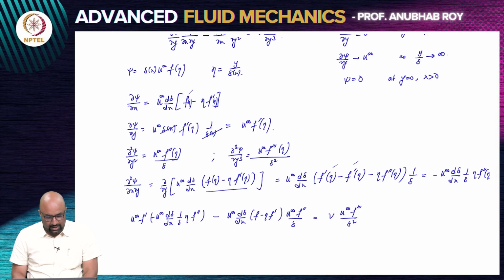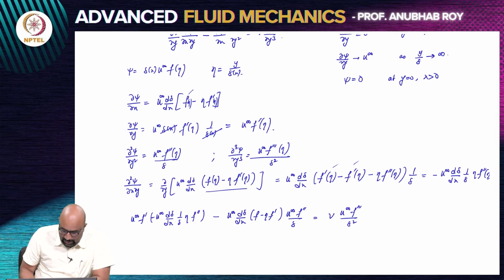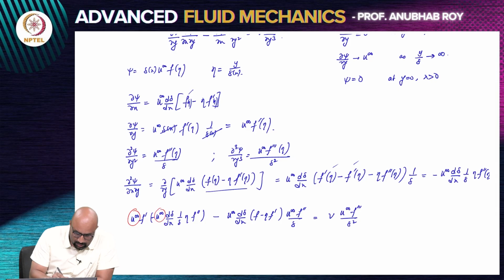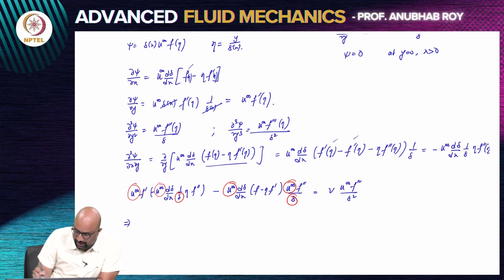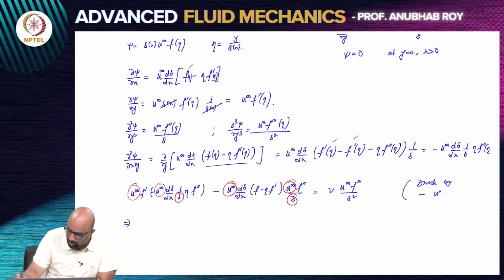Now if you look at your equations and divide throughout by u infinity square by delta. So I have u infinity square by delta throughout with that minus sign. So I am going to divide the entire equation by minus u infinity square by delta.